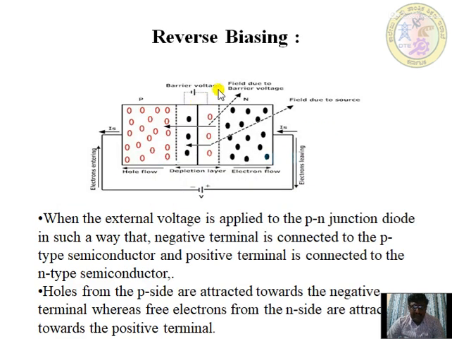Next, the reverse biasing. For reverse biasing, the only thing you are doing is changing the terminals of the external voltage from positive to negative and from negative to positive.